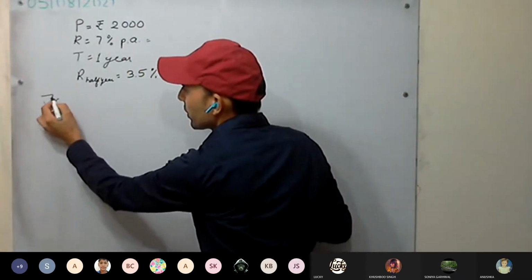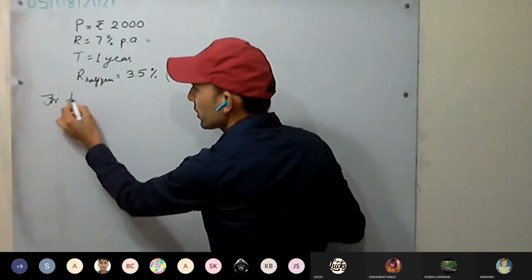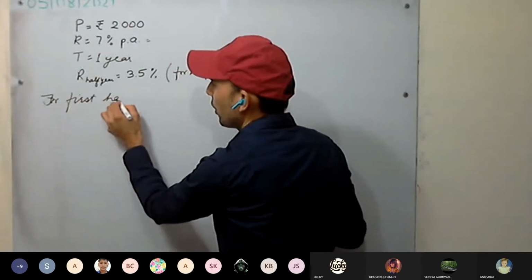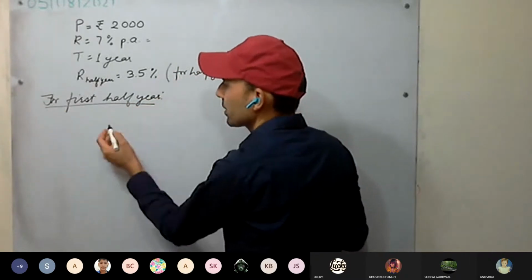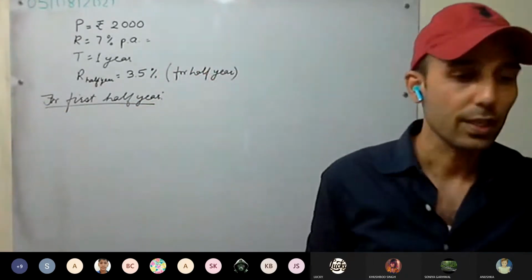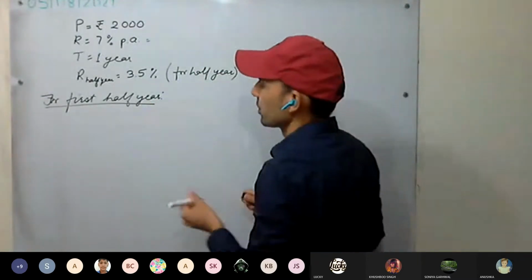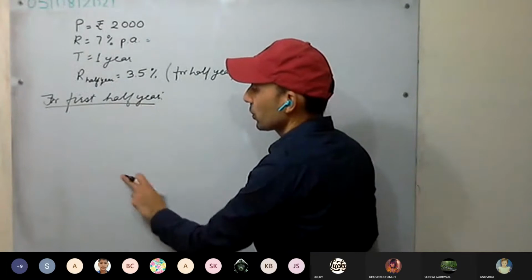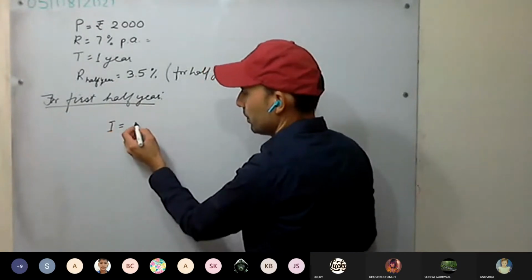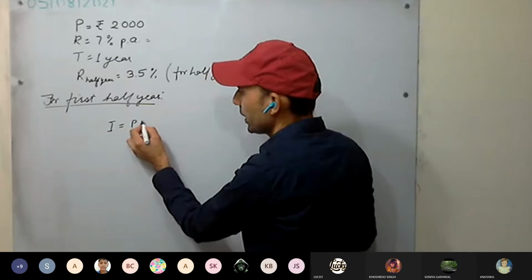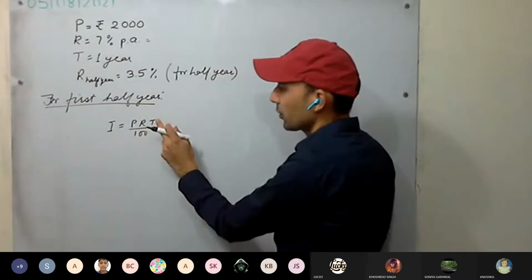Now how are we going to calculate? For each half year we have to calculate the interest. For the first half year, calculate the interest. 1 half year, 2 half year. So I equals PRT upon 100, where T is half year.